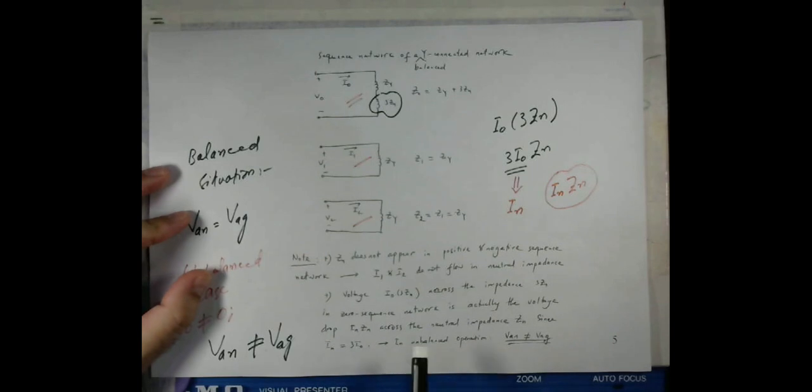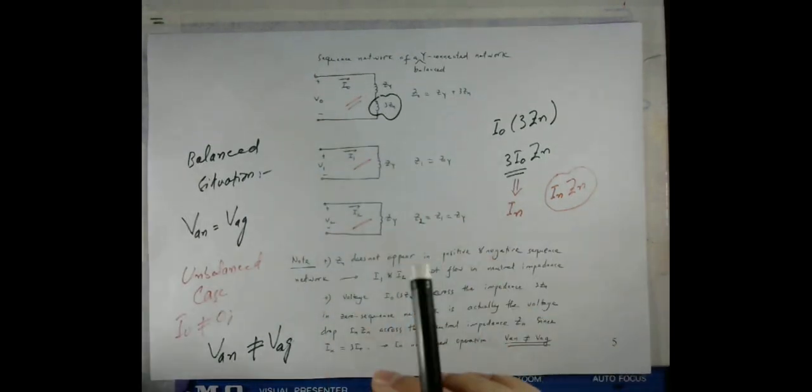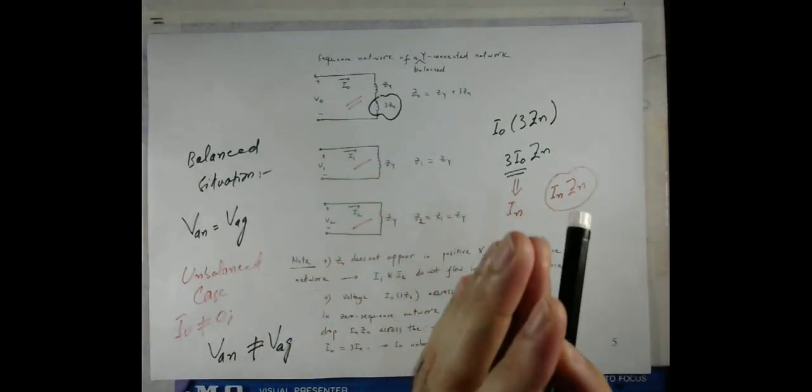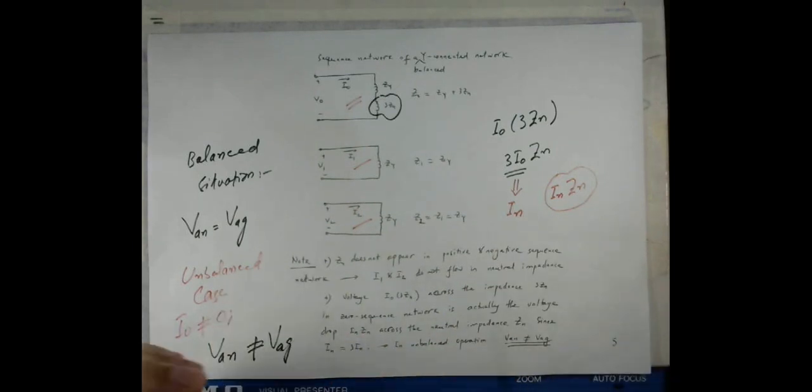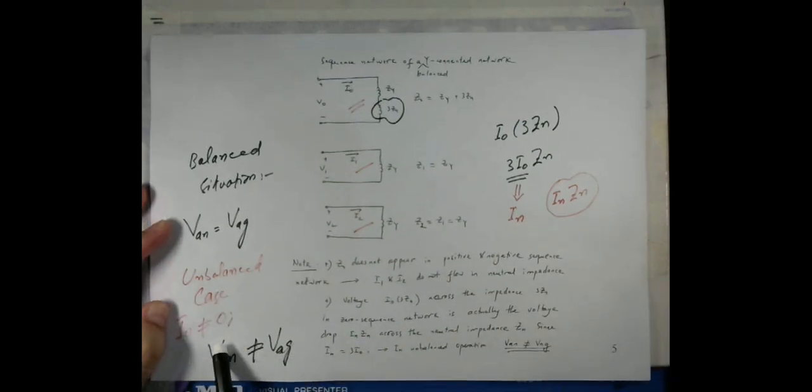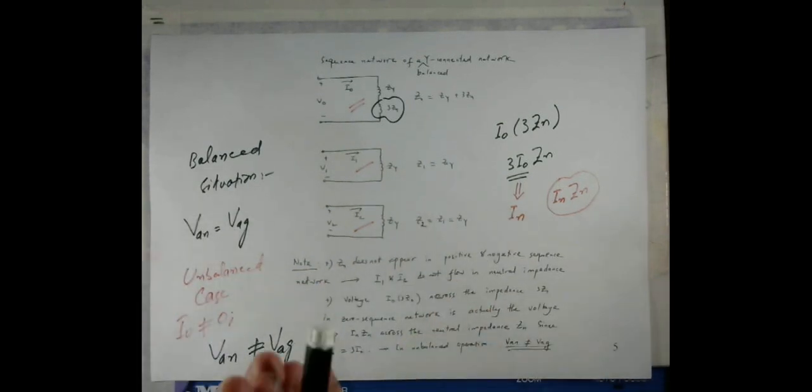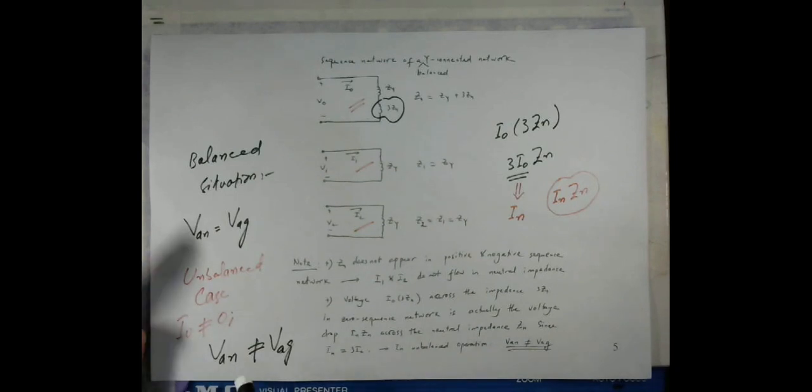And we also mentioned this point that if, let's say, the neutral point is not connected to the ground, then in that case the phase voltage VAN, which is the voltage of phase A to the neutral point, is not equal to VAG, which is the voltage with respect to the ground point. So in an unbalanced case, because then the zero sequence current will no more be zero, it will not be the case.